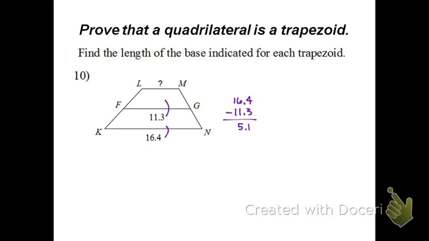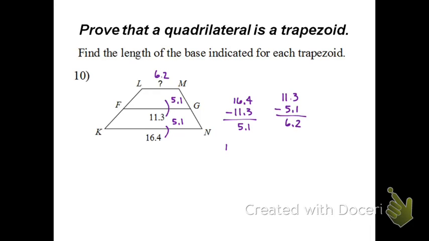So here, we take 5.1 to get from 11.3 to the next one. And if you subtract 5.1, what do we get? Well, if you need to, we could write it on the side. .2, and that's what we should get.